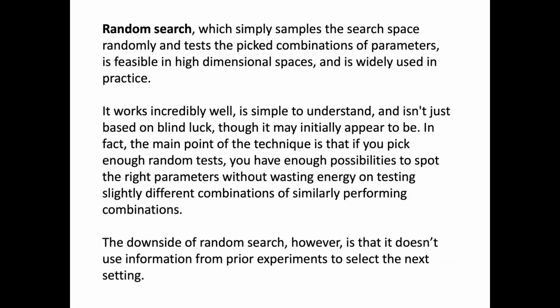In this way, random search reaches a couple of objectives. First of all, you can control the number of tests you want to make. So if you don't want to spend more than 30 trials, you will just set your random search to a limited number of trials, such as 30, instead of testing all the possible combinations.